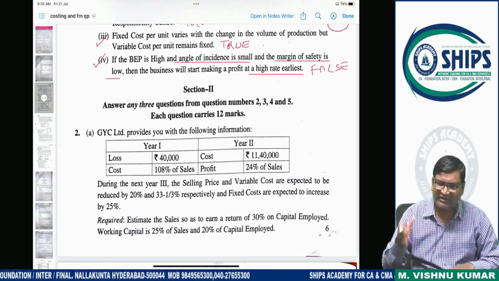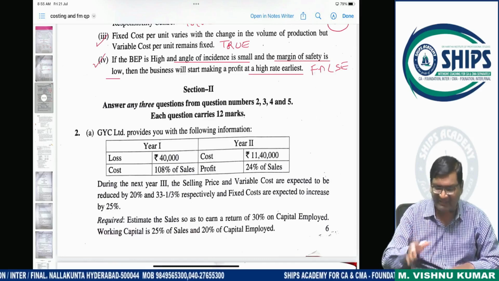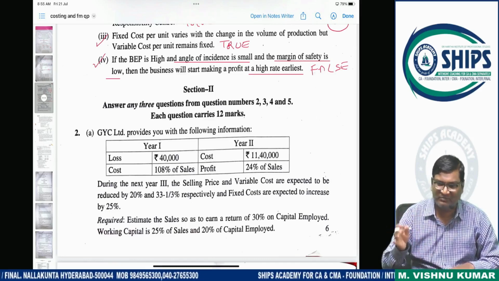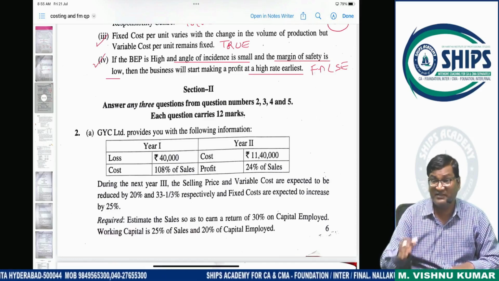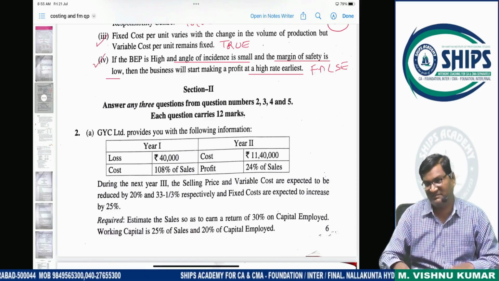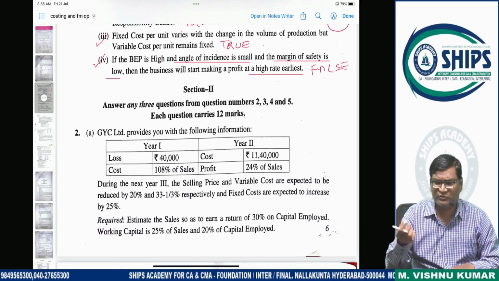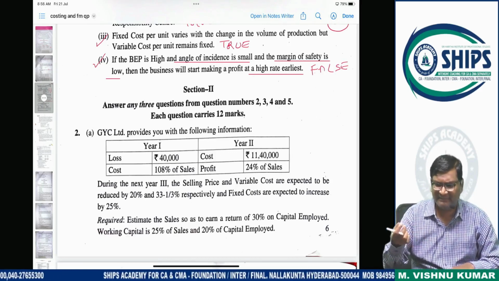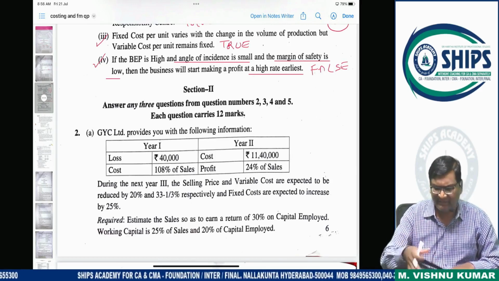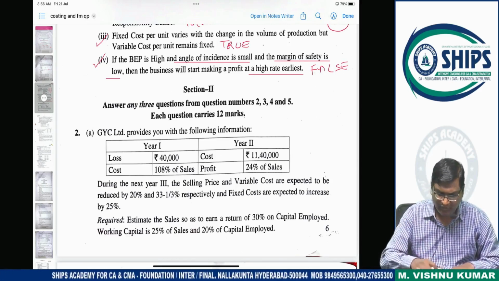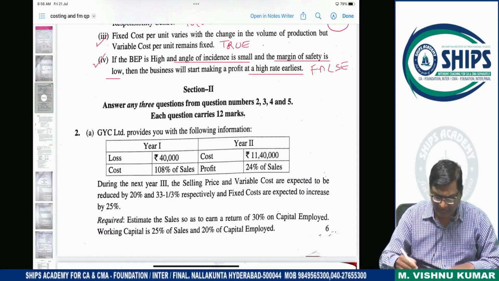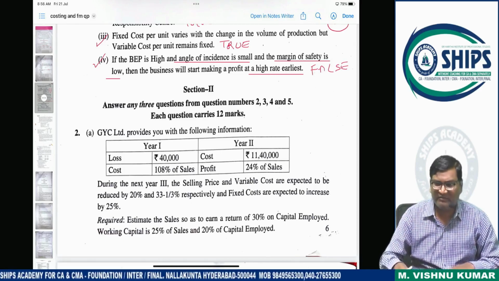You should not wait for the institute suggested answer. This is 100% correct. After the institute releases the suggested answer, you can check. This is 100% authentic, genuine answers. In one small area, if the institute's assumption is different, it may differ. But for MCQ questions, 100% authentic answers are there. So for section 2, long answer questions, you should wait for the second video.